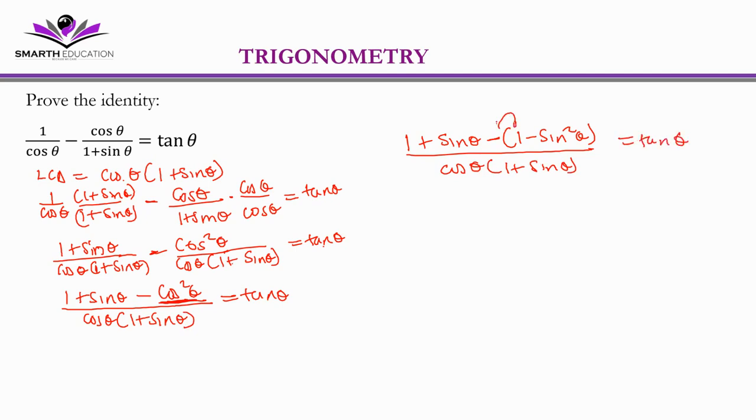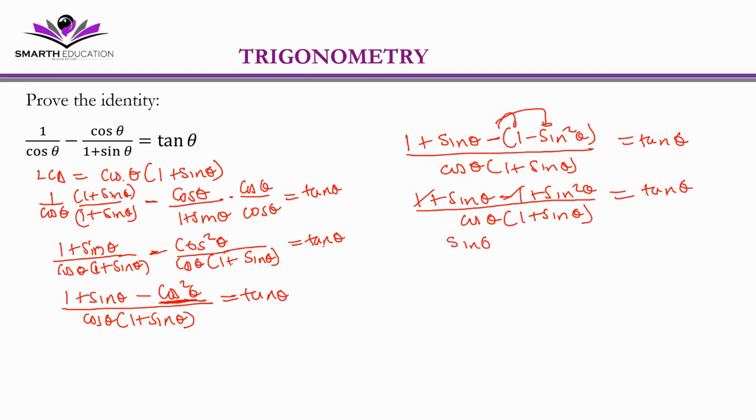Let's remove the bracket: 1 plus sin theta minus 1 plus sin squared theta. 1 minus 1 is 0, and we remain with sin theta plus sin squared theta over cos theta times 1 plus sin theta, equal to tan theta.